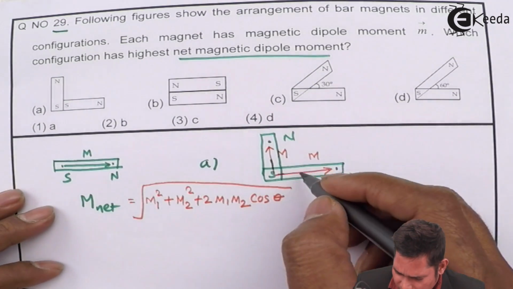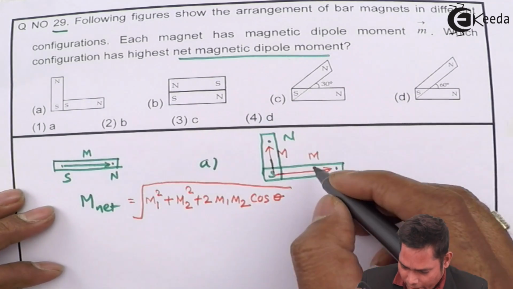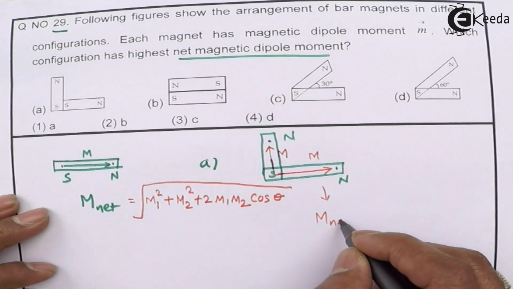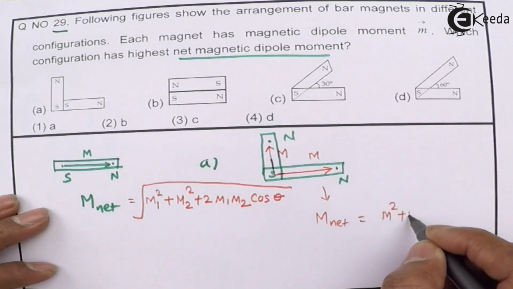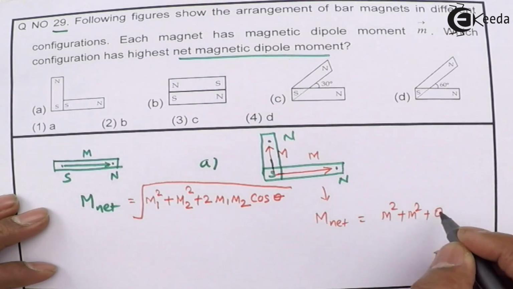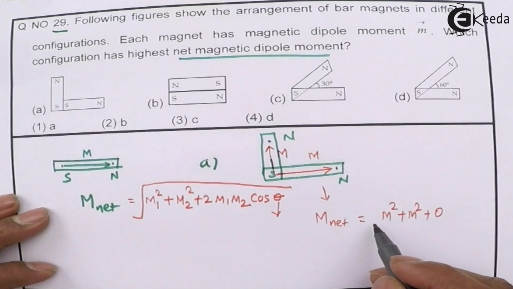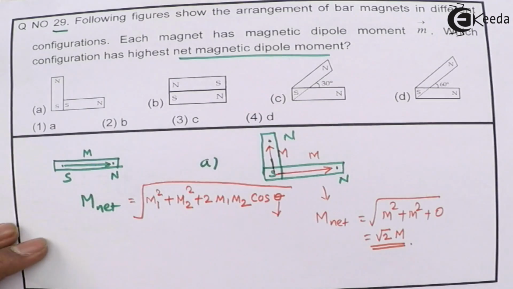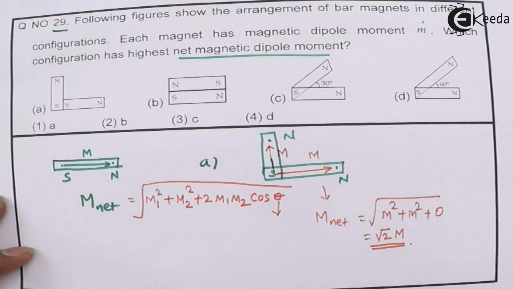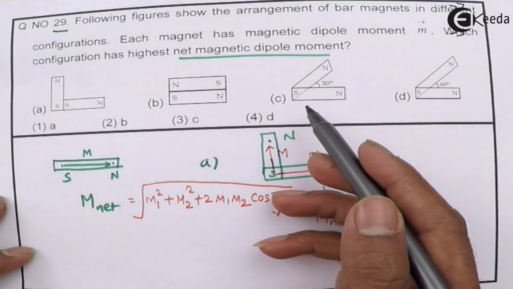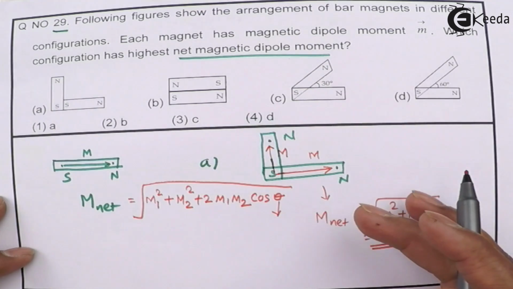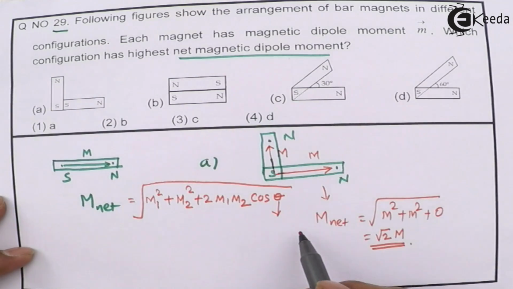Now the angle here is 90, and M and M are the same, so for this situation M net equals under root of M square plus M square plus 0, because cos 90 is 0, so it is root 2 of M. This is for figure A. You can also find for the others this way, but there is a better way to solve. Let me just tell you how this is done and then I'll give the shortcut method.